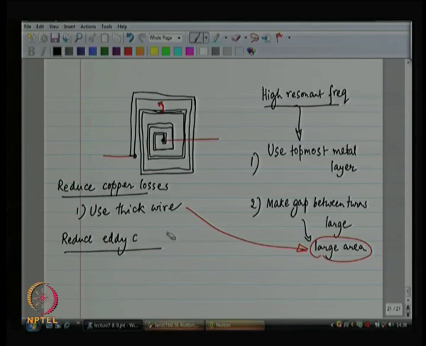Let us not say reducing eddy currents, let us say eddy current losses. Any ideas? So, I have got my inductor, I have got my substrate. Inductor is like an electromagnet.